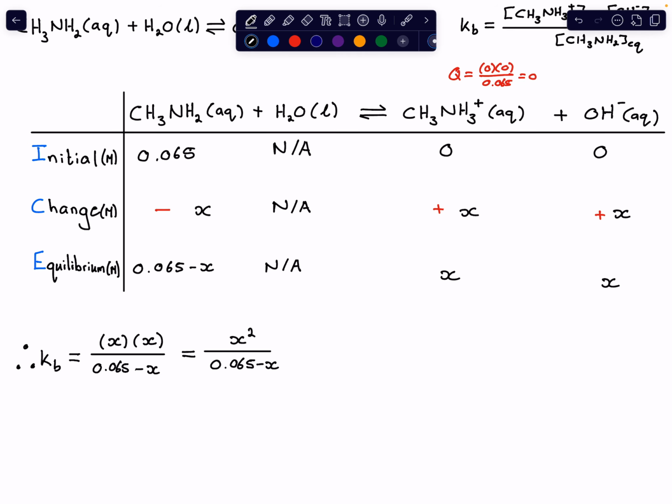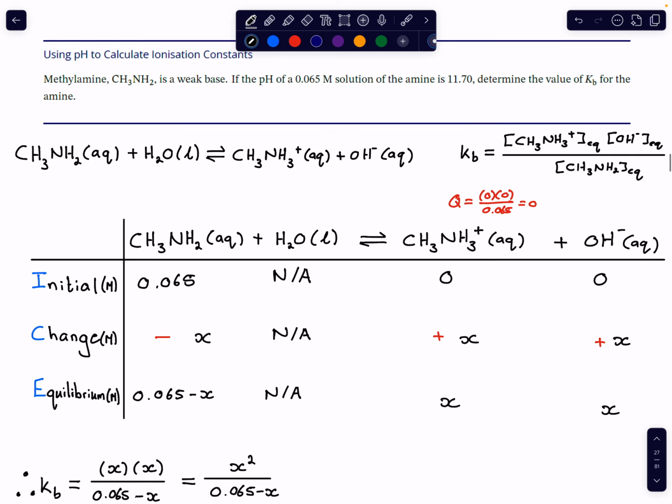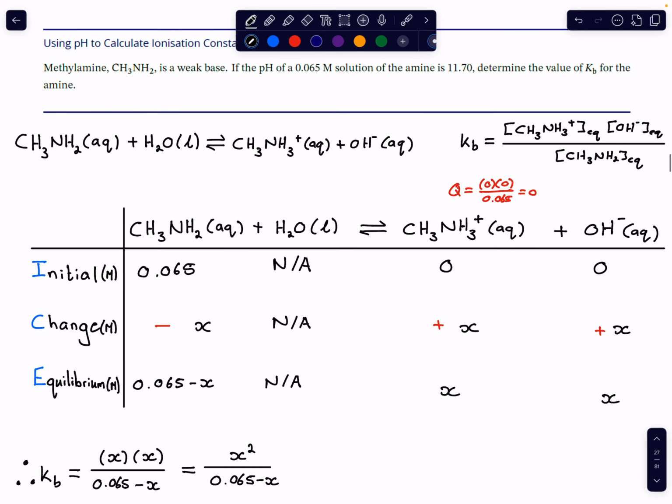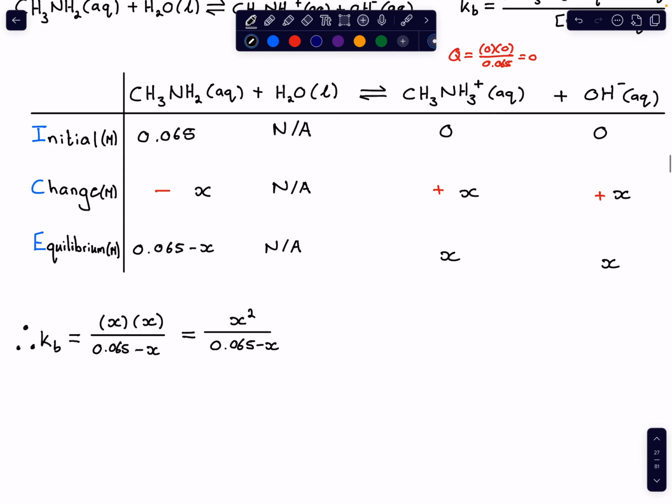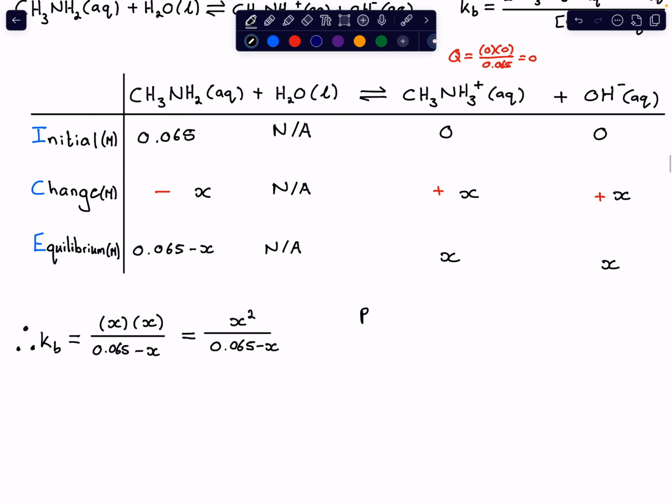the value of X. And the other thing that we're told is that the pH of the solution is 11.70. Right, so what does the pH of a solution tell us? Well, if you recall that the pH plus the pOH of a solution is equal to 14.00.